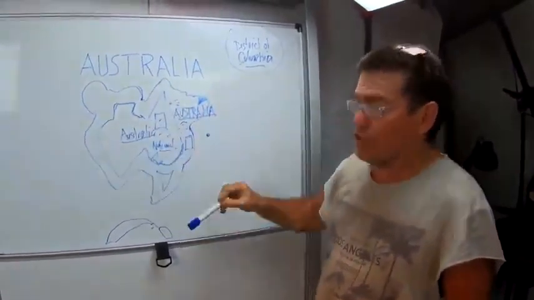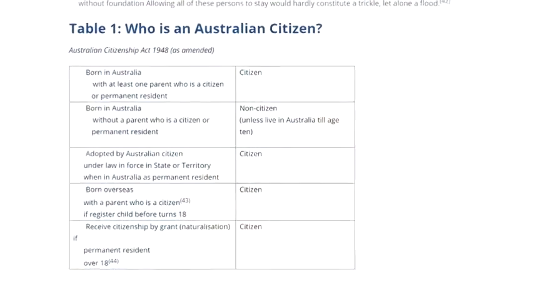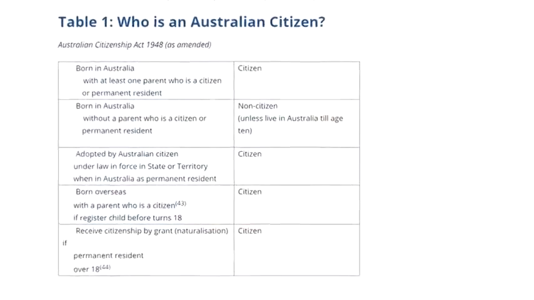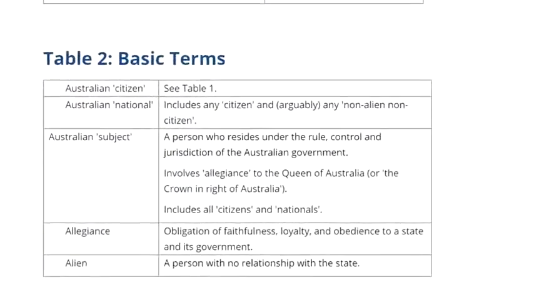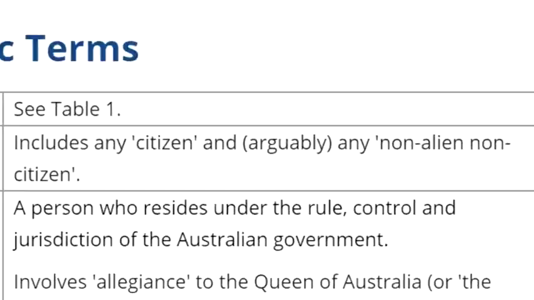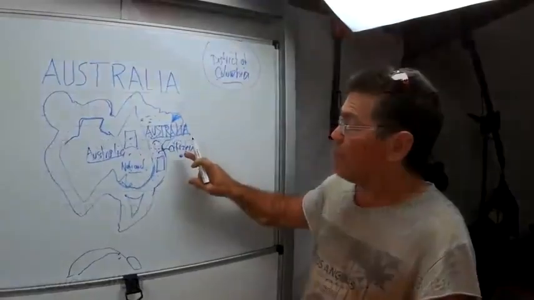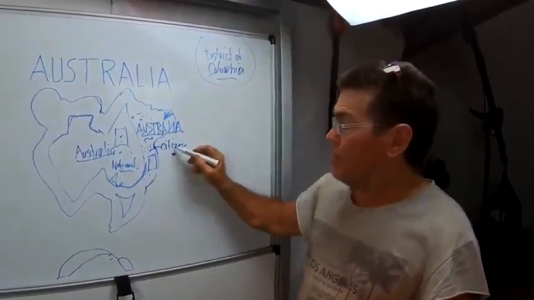And this document from the government website explains it. I'll put that up, the printout from the government that explains exactly what a national is and what a citizen is. We can be citizens, but if we become a citizen of this one, you're out in the... Yes.